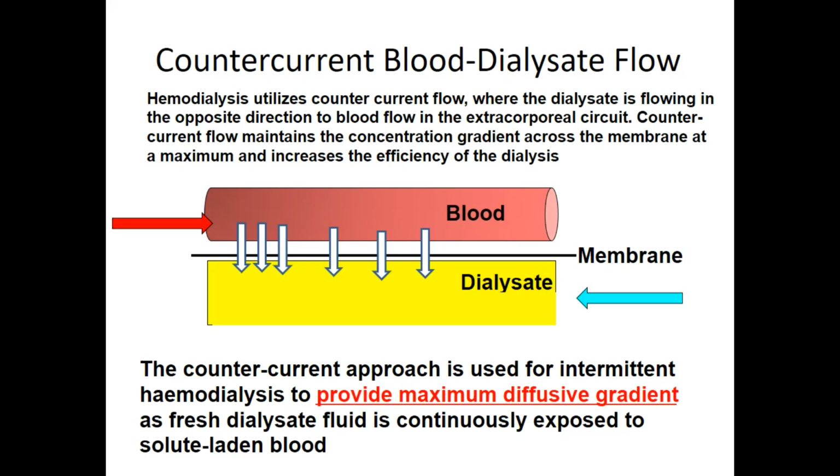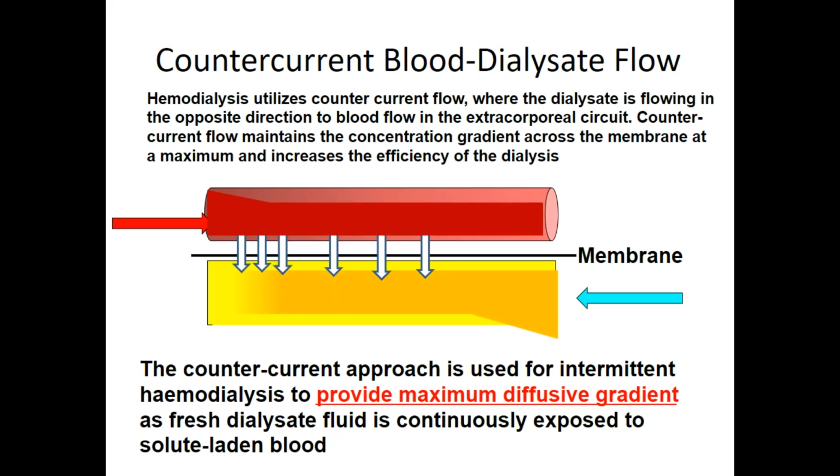The counter-current blood dialysate flow means that the dialysate is flowing in the opposite direction to the blood flow in the extracorporeal circuit. Countercurrent flow maintains the concentration gradient across the membrane at a maximum and increases the efficiency of the dialysis.